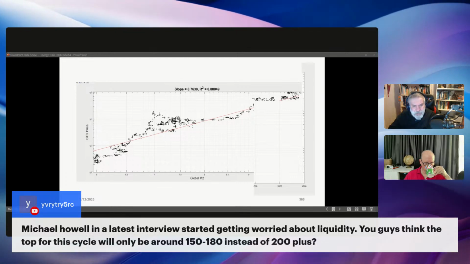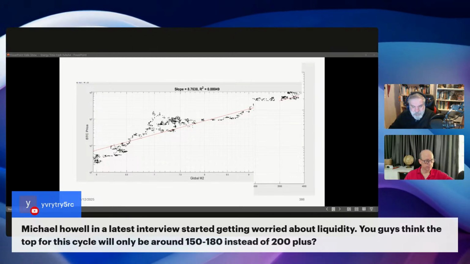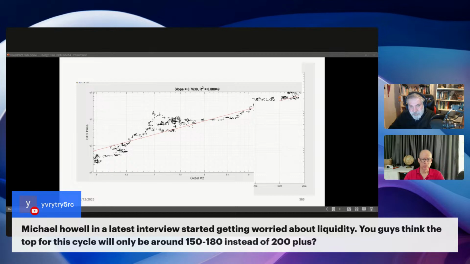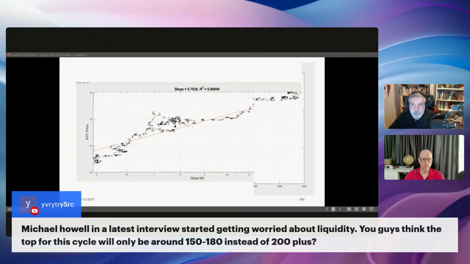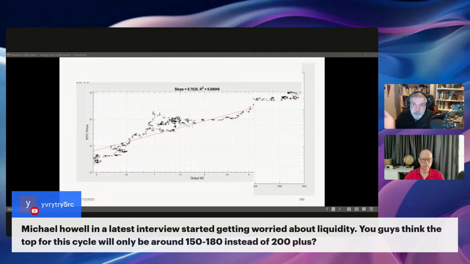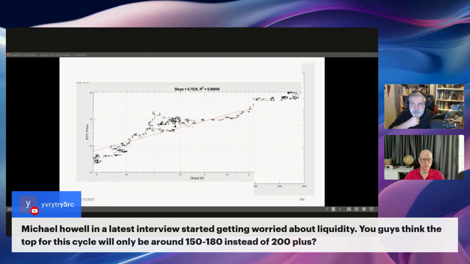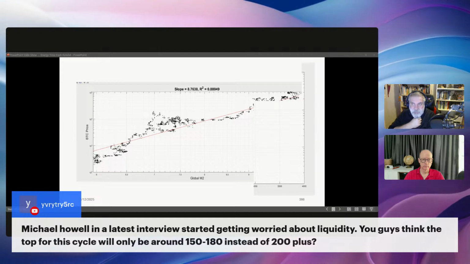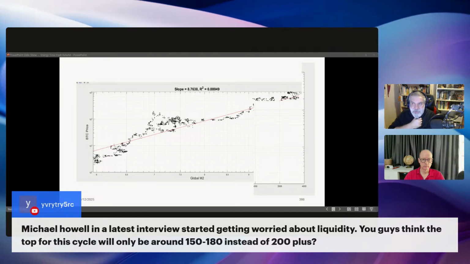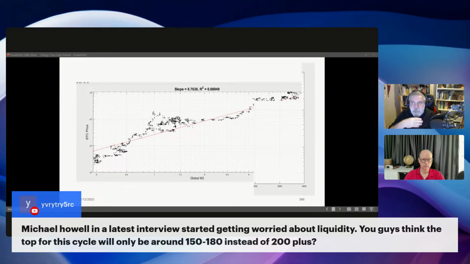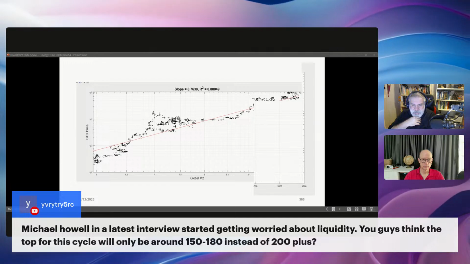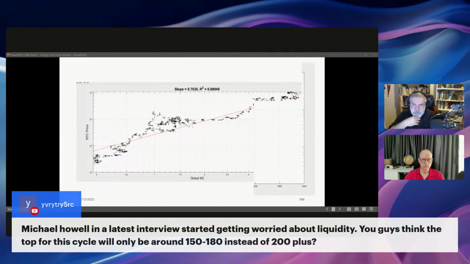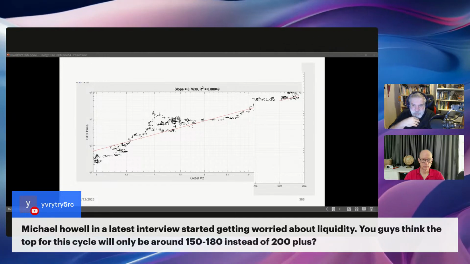I'm subscribed to his newsletter, so I don't remember these statements about him being worried. I was worried myself when it was going down, but recently, in the last month or so, it's going up. So maybe now he's not worried anymore. But again, I'm looking at M2 or other similar measures, and he's looking at a slightly different measure. I think the two are quite close to each other.